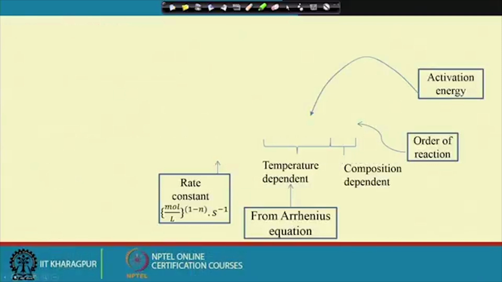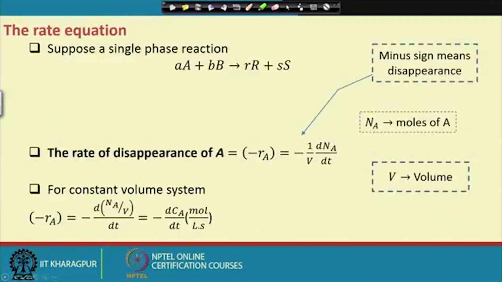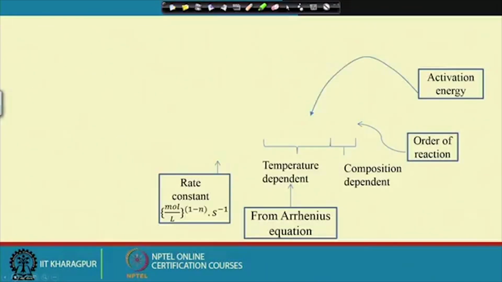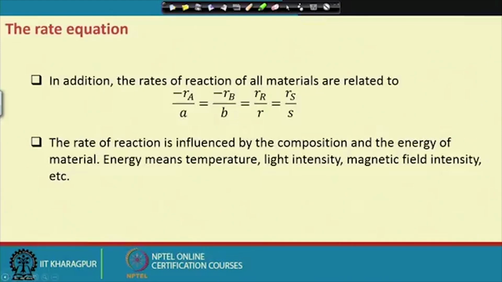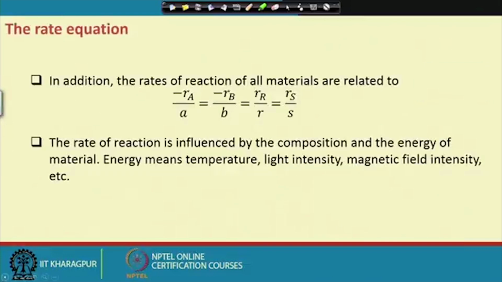Now, in the previous reaction that we have seen, that is aA plus bB equal to rR plus sS, how do you express the rate of the reaction? Minus rA by a equals minus rB by b, and minus rR by r equals rS by s.